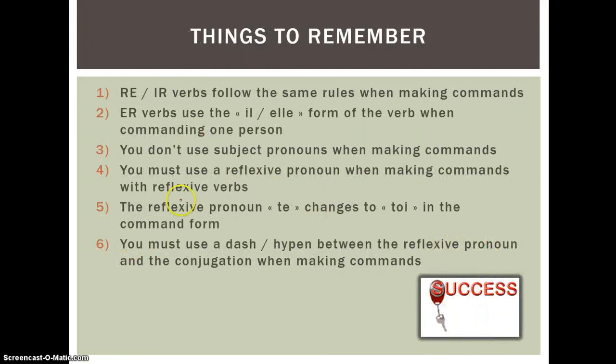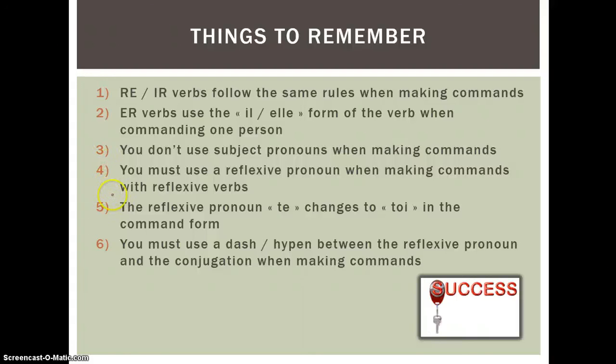Things to remember. Your RE and IR verbs follow the same rules when you make commands. That's whether they're reflexive or non-reflexive. ER verbs, they must use the il form of the verb when you're commanding one person. Don't forget, you are not using subject pronouns when you make commands. Instead, you're using a reflexive pronoun in the actual verb portion.